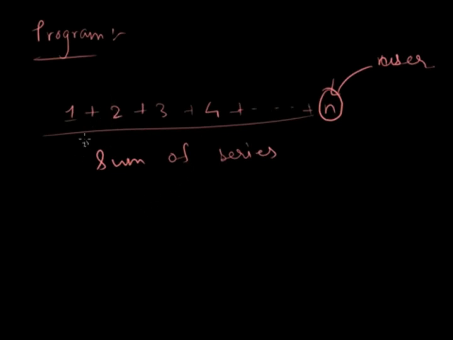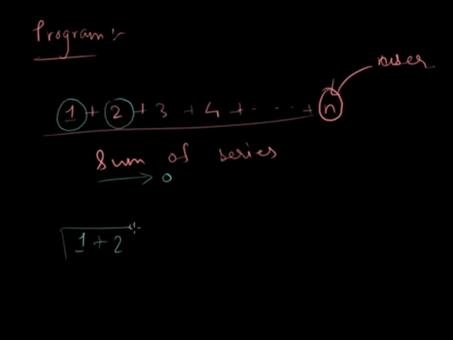Now how you would go about writing this program is, you can first take sum. Let us assume that sum is 0. Now add 1 to it. First time add 1 to it. The second time add 2 to it.